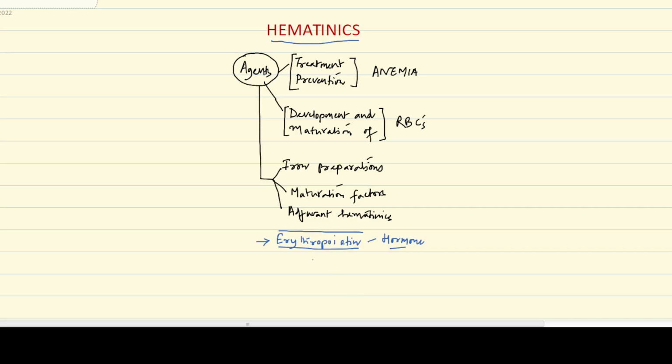So for the sake of completion of discussion from that viewpoint, we would also be talking a bit about erythropoietin, but keep in mind that this does not strictly fall within the definition of the classic understanding of what hematinics are. Okay?